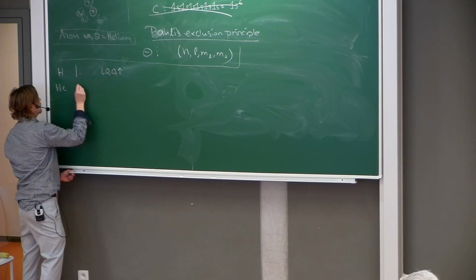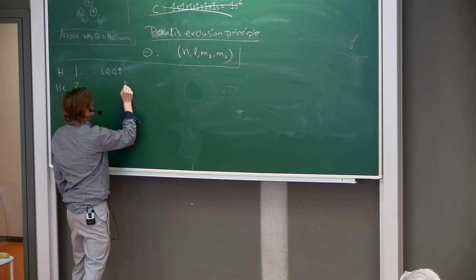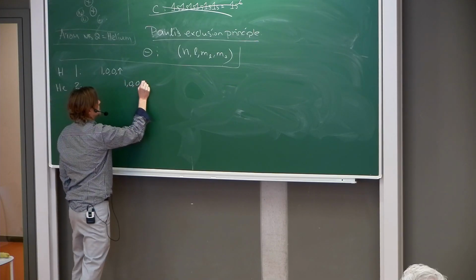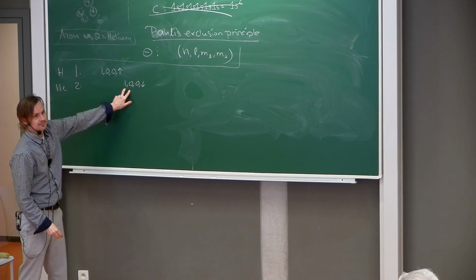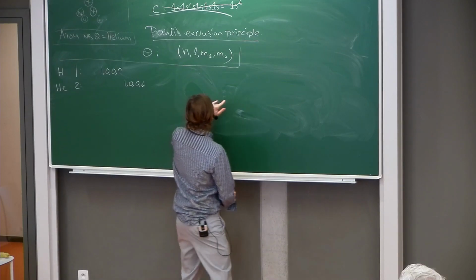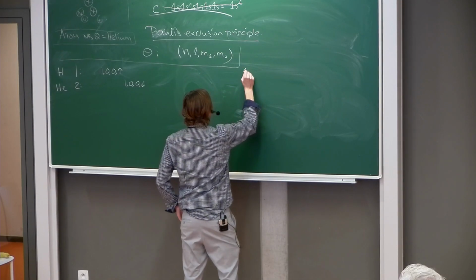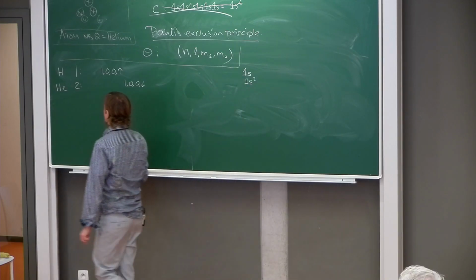Helium, number 2. This one is there. The second one we can put at 1, 0, 0, spin down. Since we're only using these two, that's 1s again. So I'm going to put them out here. This is 1s, and this is 1s2, right?